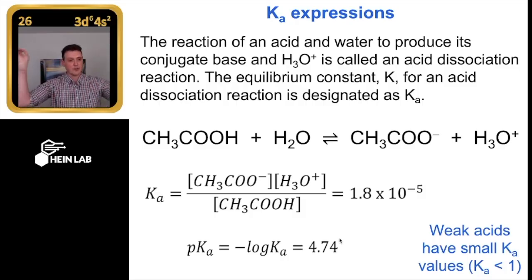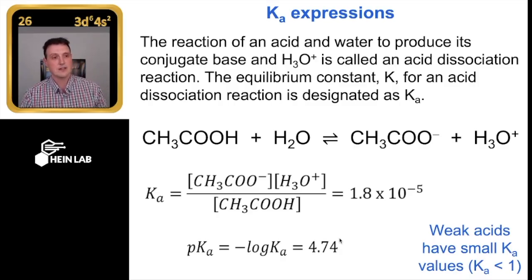So if I were to throw this into solution, wait for it to come to equilibrium, and measure all of those concentrations, I would know the Ka value for that acid, right? So we either do it directly by measuring individual concentrations, or we do it by a titration curve where we figure out what the behavior is as we go through a buffering situation.